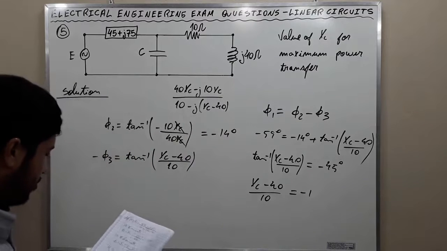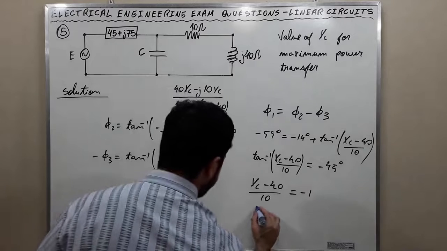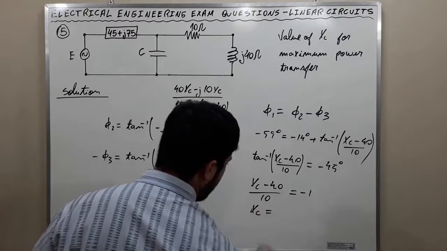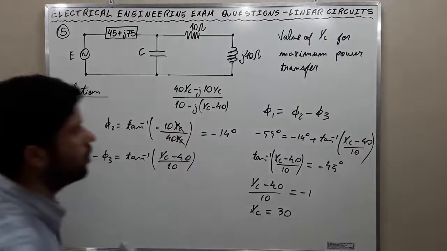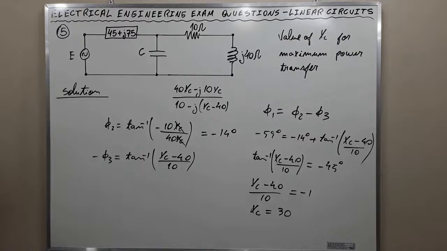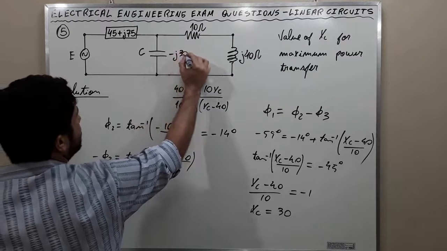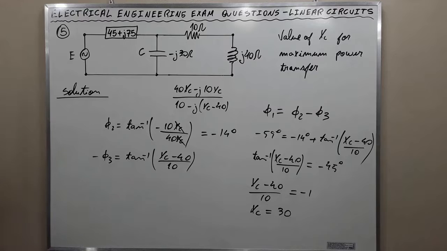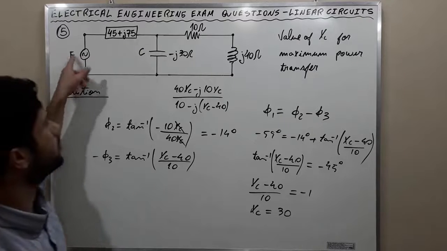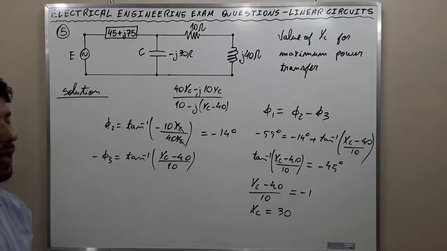And then we discovered that XC is equal to 30. Alright? Then the impedance here is going to be negative J30 ohms. Okay? So this is the value of the capacitive reactance for maximum power transfer from the source to this load element.